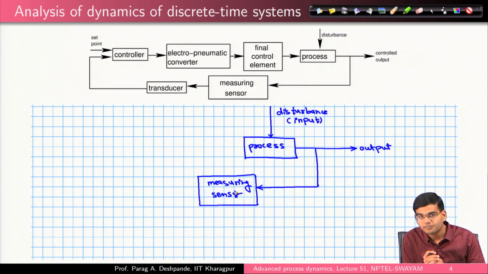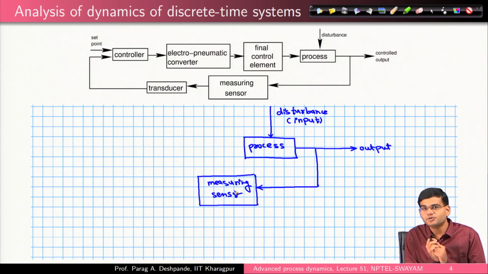Now, the problem is that depending upon the instrument that you are using, you may get different types of signals. Those signals may not be acceptable to your controller, in fact computer in our present case.